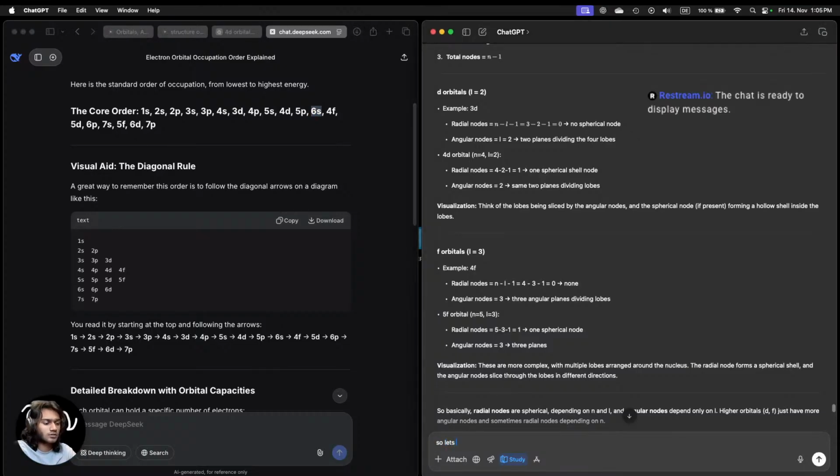So let's now take the orbitals 6s and 4f. The s orbital is of the energy level.